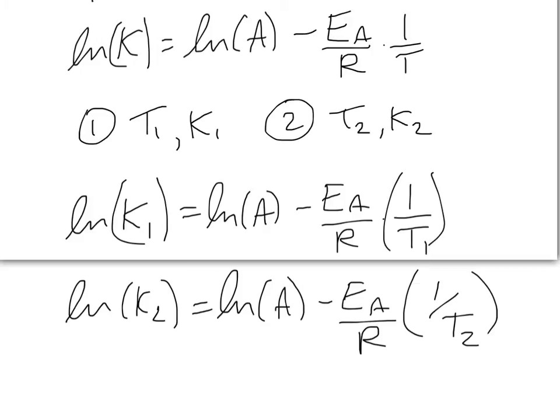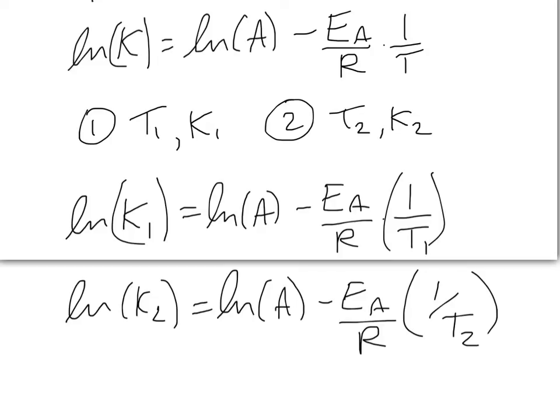A by itself might only change by a few percent over 5 degrees. So most of the time we can pretend that, unless we've got a massive temperature change, A is exactly the same. The activation energy, that's the barrier height, and it doesn't change with temperature, but we know the hotter the temperature is, the easier it is to cross the barrier.